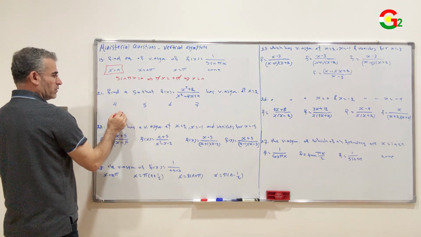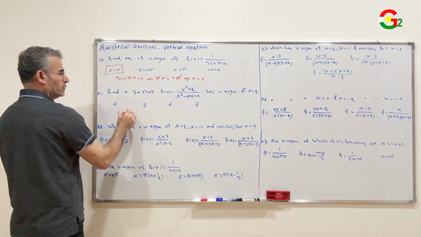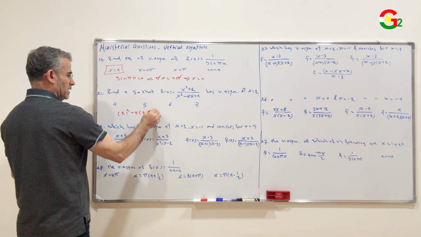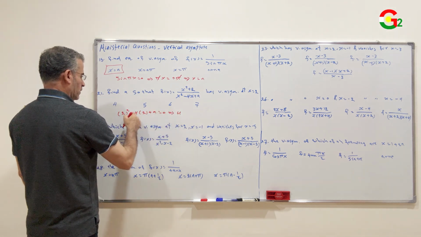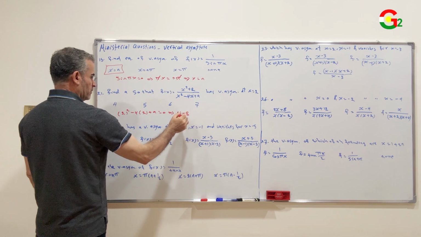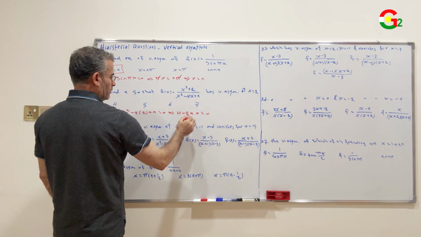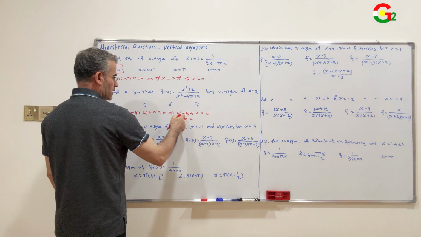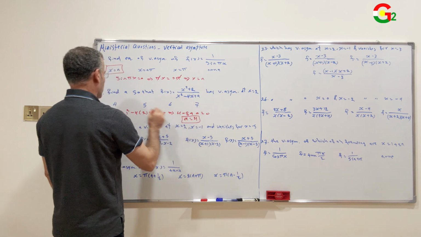Then I substitute every x with 2 and set it equal 0. 2 power 2 minus 4 times 2 plus a equals 0. 4 minus 8 plus a equals 0. Then a equal 4 minus 8 minus 4, take it to the other side, a equal 4.